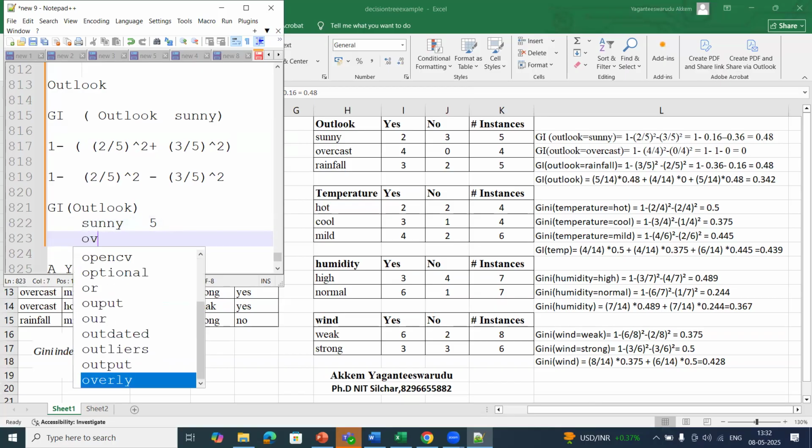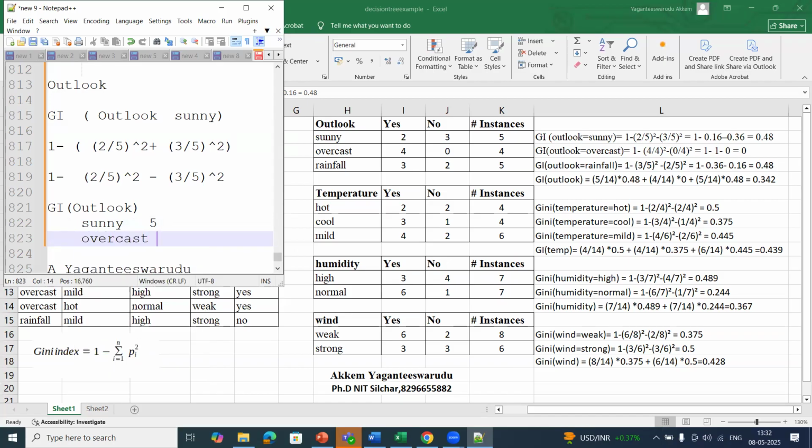And how many records in my data set in total? 5 plus 4 plus 5 is 14. So what is the probability for sunny outlook? 5 by 14. For overcast, 4 by 14. For rainfall, 5 by 14.